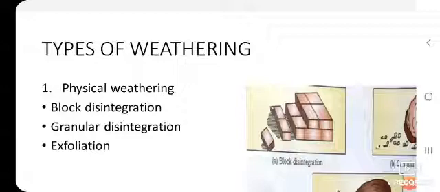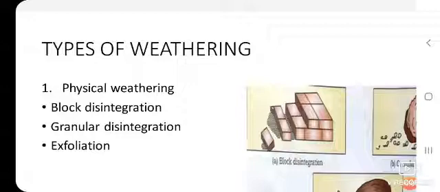So children, let me explain to you the difference between the mechanical and the chemical weathering. There are some differences between the mechanical and the chemical weathering. Before explaining the differences, let me explain what physical weathering is. Physical weathering is nothing but the disintegration of rocks by a mechanical process.